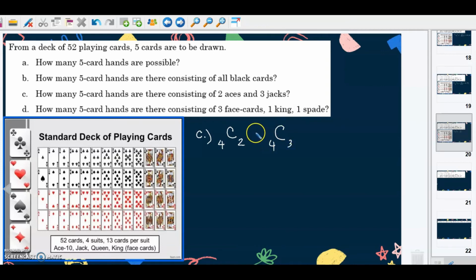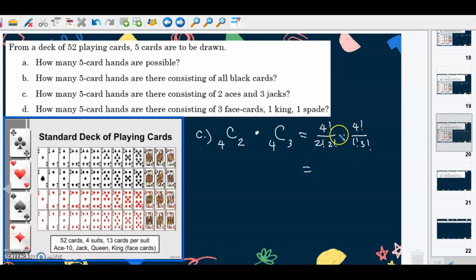And again, according to the multiplication rule, we're going to multiply these cases here. Okay? So if we're going to simplify, this is equal to 4 factorial over 2 factorial times 2 factorial, times 4 factorial over 1 factorial times 3 factorial.